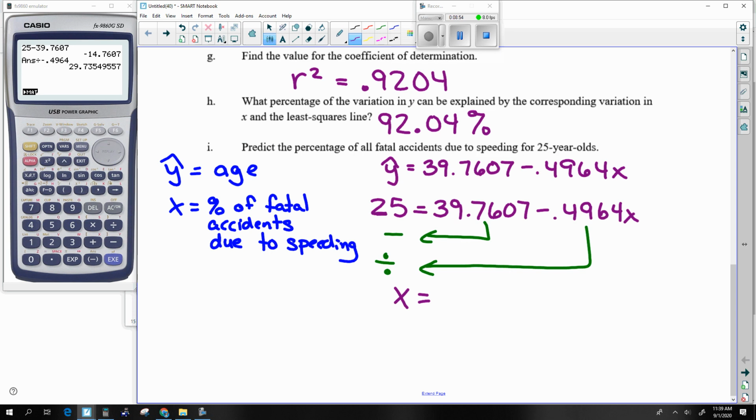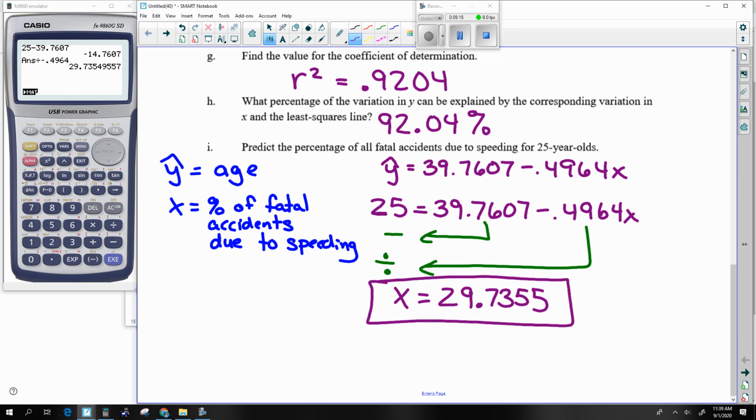And so X is equal to 29.7355. And that would be the age of 25-year-olds, so we can make an accurate prediction.